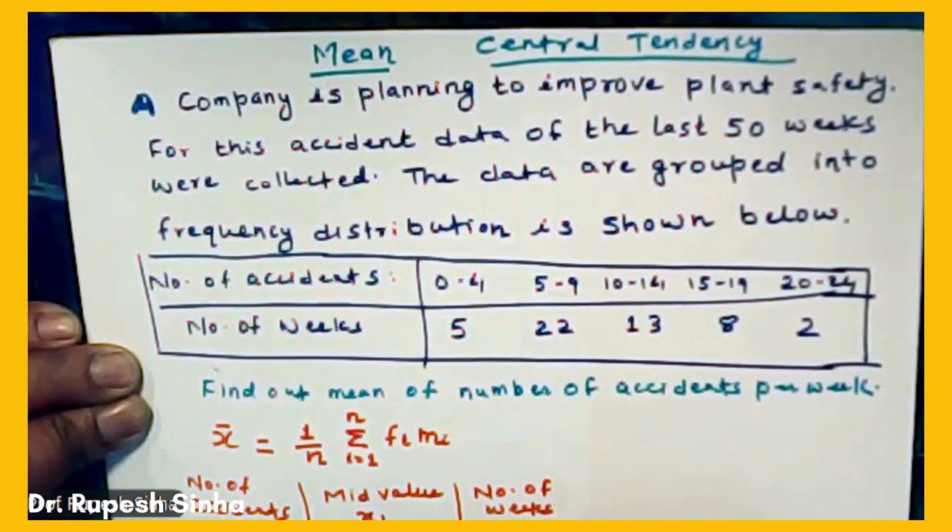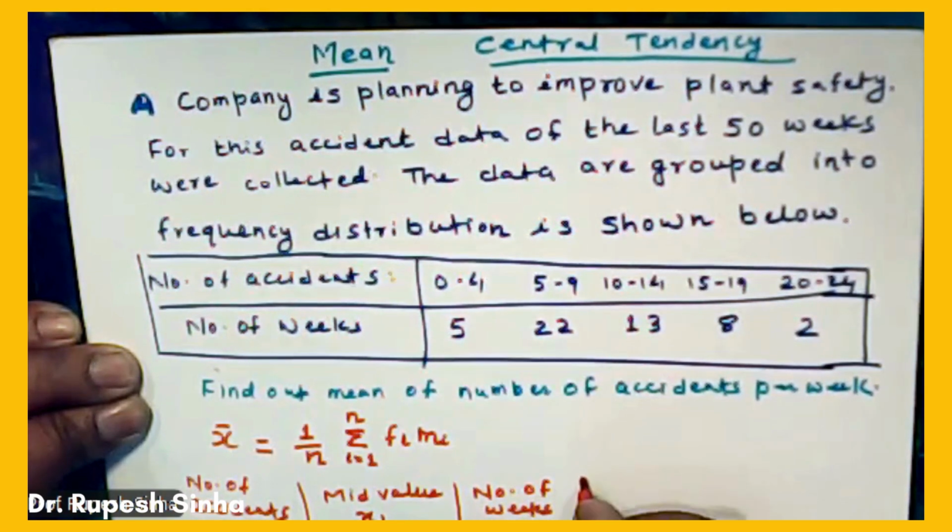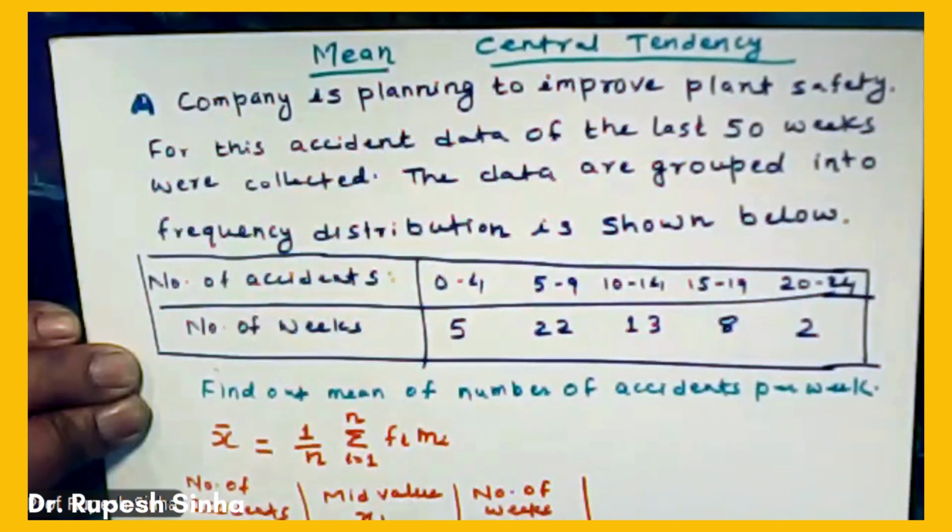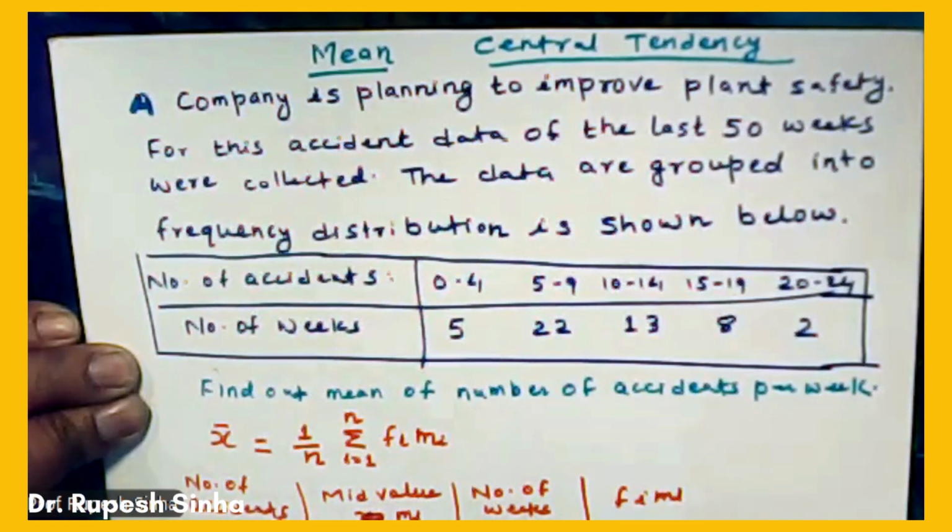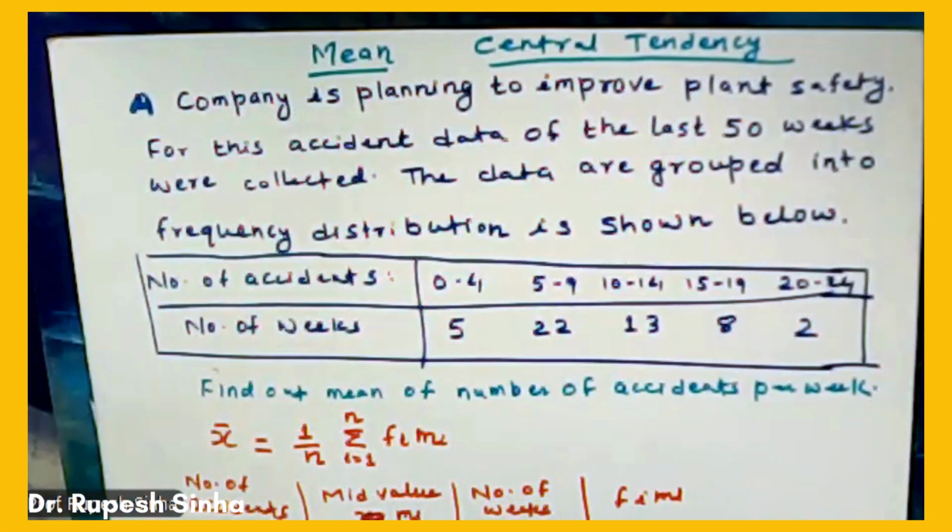This number of weeks is what? Number of weeks is frequency fi. Then this mid value is mi. So we have to find out what? Fi mi. So write down all the values and we will start calculating it.